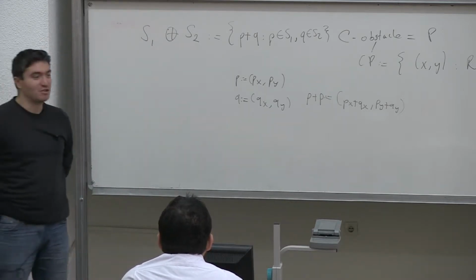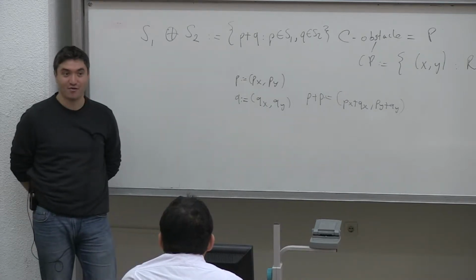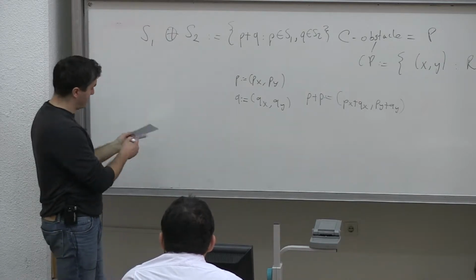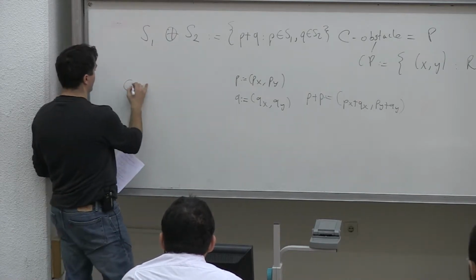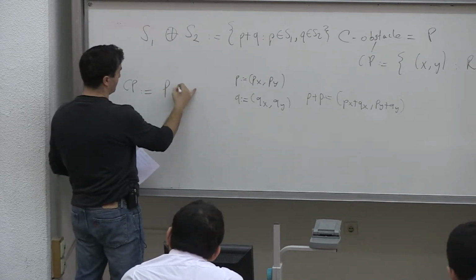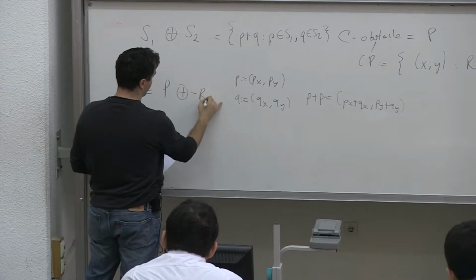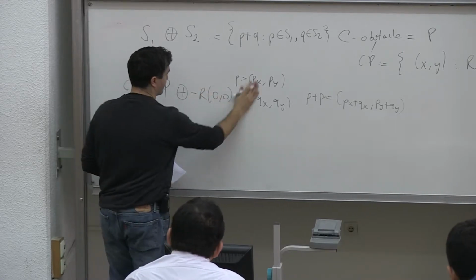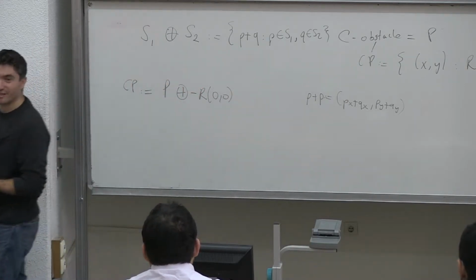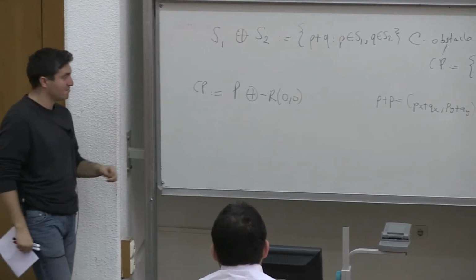Now what I'm going to show next is really interesting, and we are going to prove that it is true. We are going to see that CP is equal to the polygon Minkowski summed with minus R of 0,0. It's not the Minkowski sum with R, the robot itself, but a reflection.